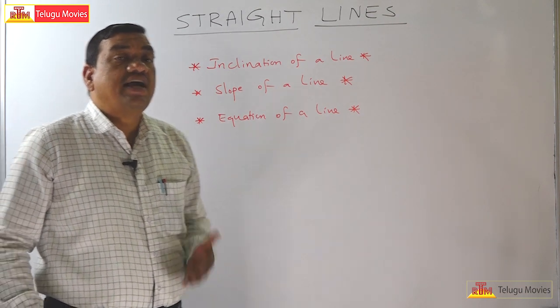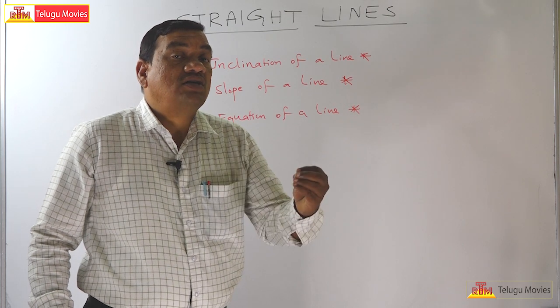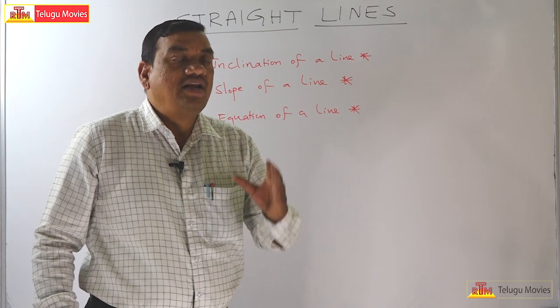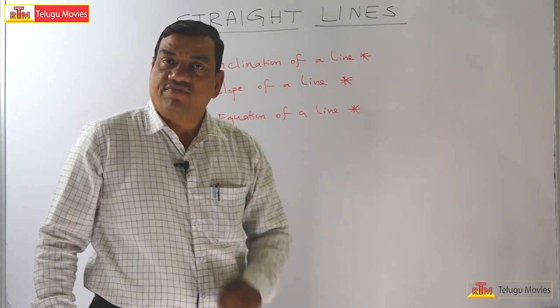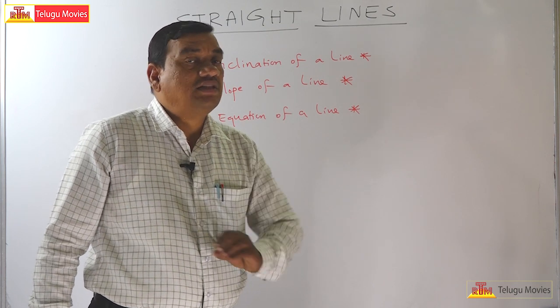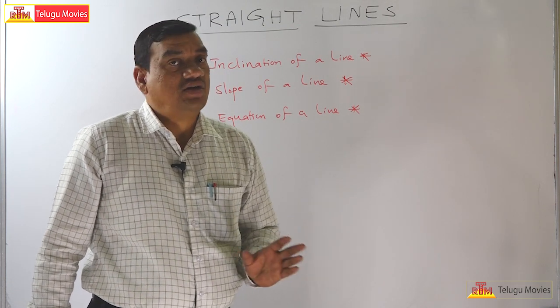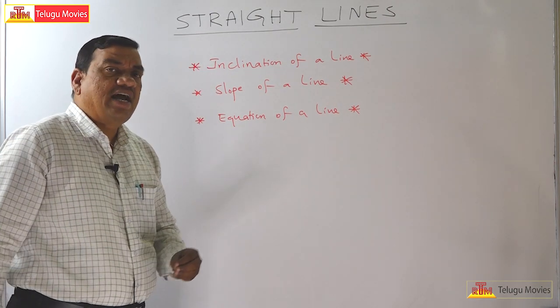This was explained in Euclid's books, the Elements. There he explained the terms which do not require any definition: straight line, point, plane. That's why the straight line has no definition.